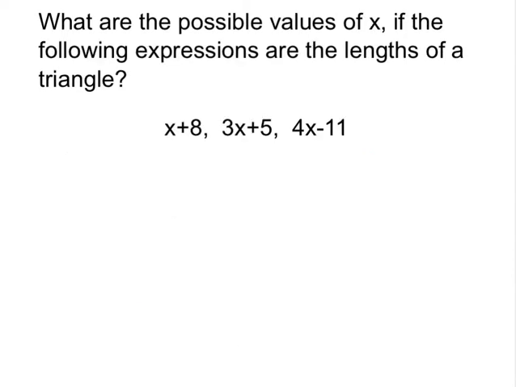Now, this one's a little bit different because I have expressions rather than side lengths. In this case, I have to write three inequalities. I will add the first one and the second one. That has to be greater than the third one. I will add the first now and the third.